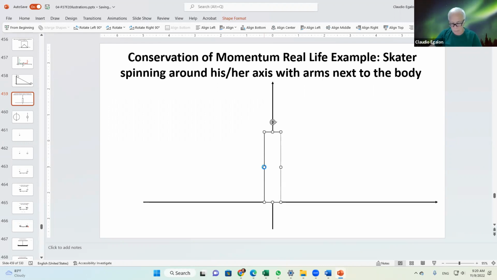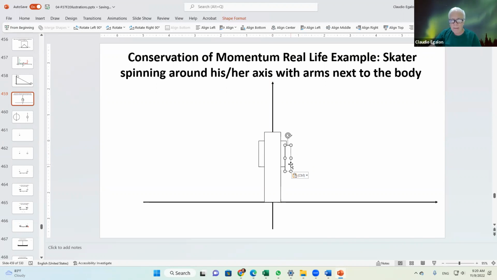Strictly speaking, it can be modeled as a cylinder, right? A cylinder with other small cylinders nearby, but approximately it is a cylinder. The skater is approximately a cylinder.